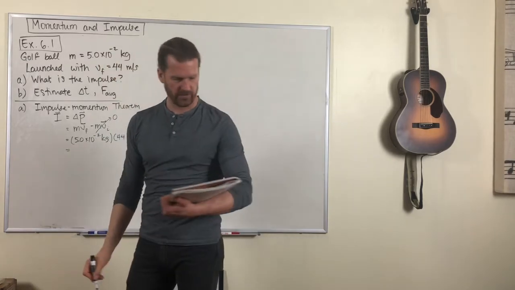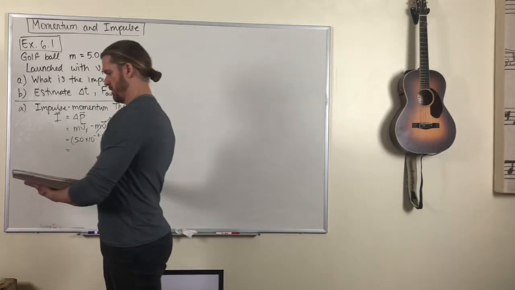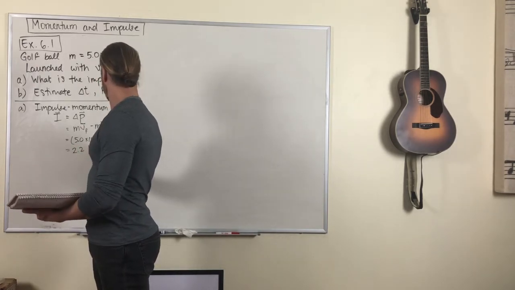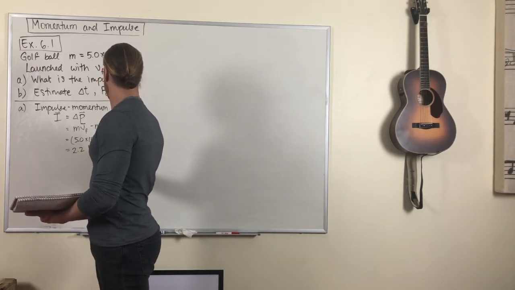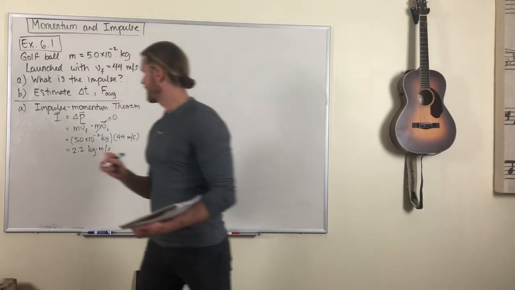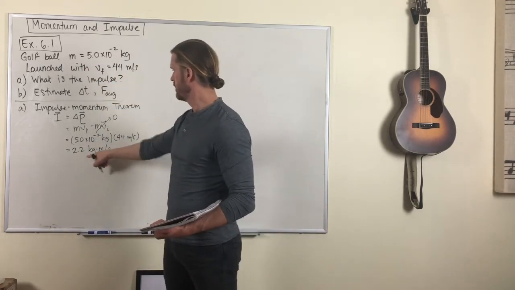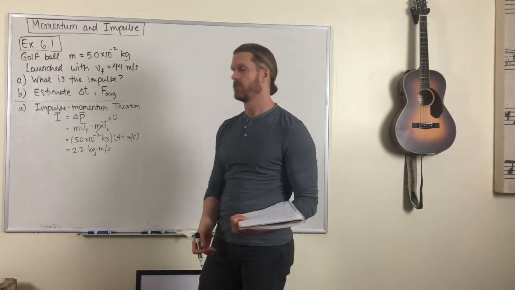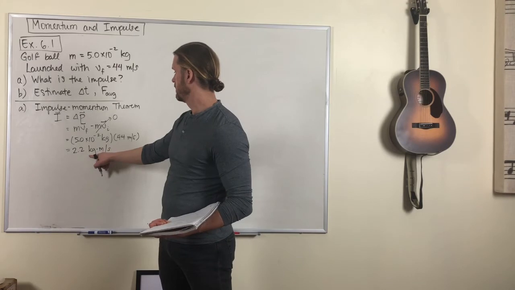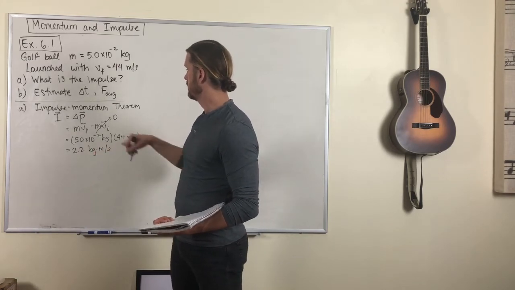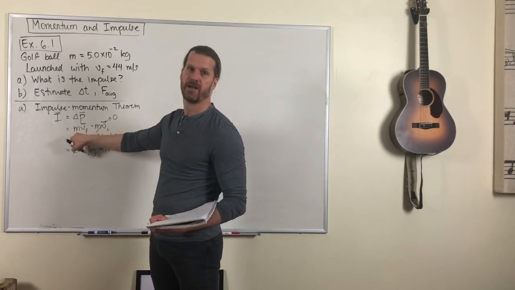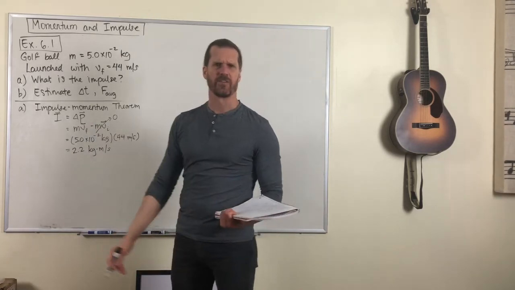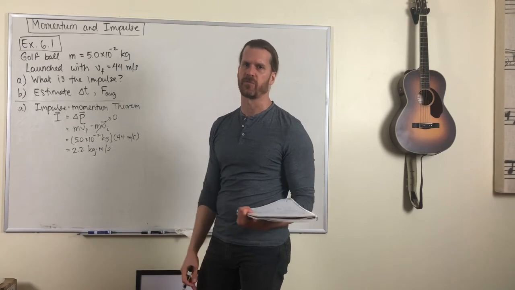And that gives you an impulse equal to 2.2 kilograms times meters per second. The units of impulse, the units of momentum, are kilograms meters per second. You can see that from the definition of momentum, mass times velocity. And we don't have any special name for this, just kilograms meters per second.